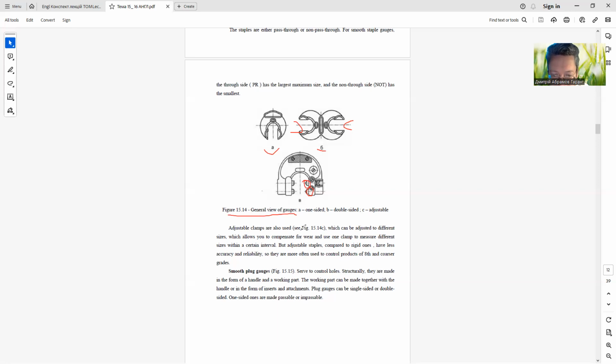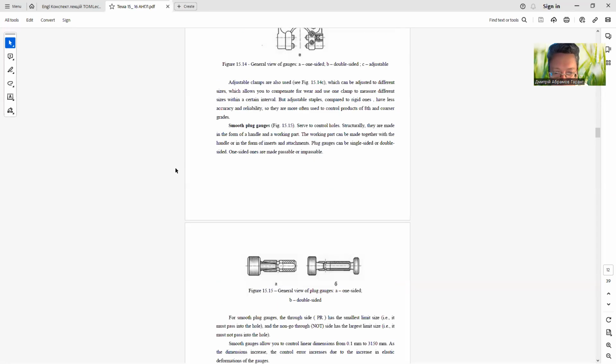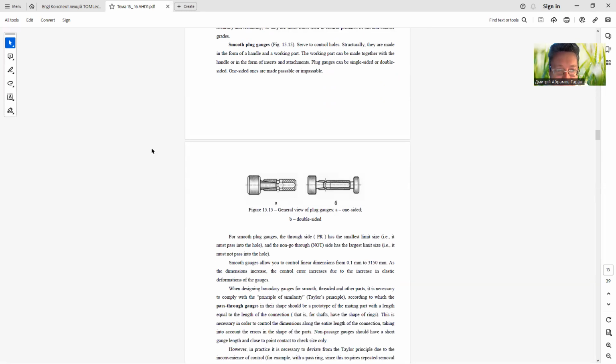Smooth plug gauges, like in figure 15.15.